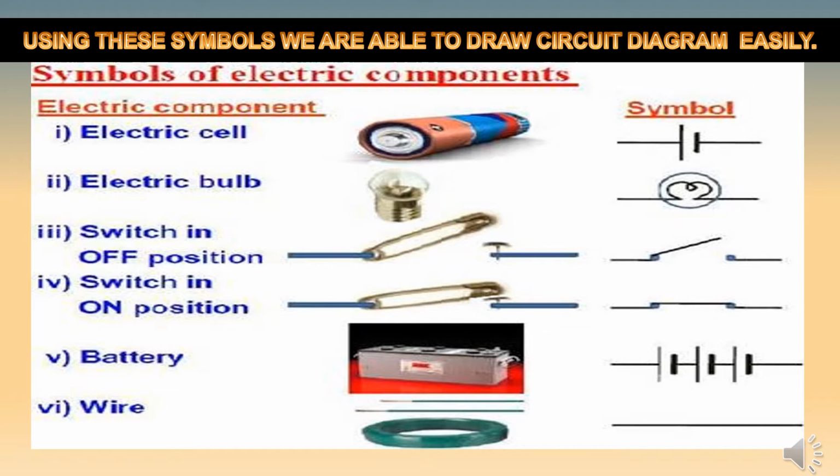If we are showing three cells connected, we have to draw three combinations. If we are showing five, then we have to draw five combinations, and a wire with a straight line. With these symbols, we are able to draw the circuit diagrams easily. It is only meant to make the diagram easy.